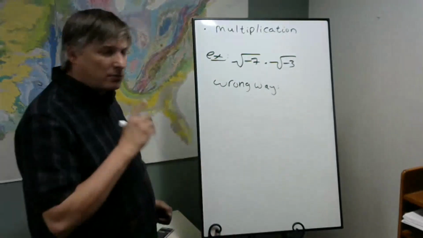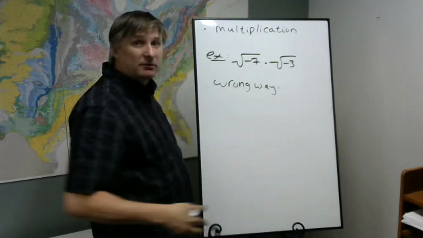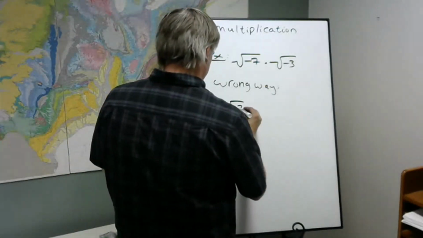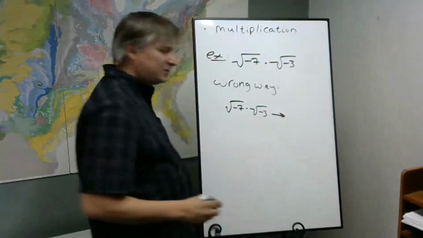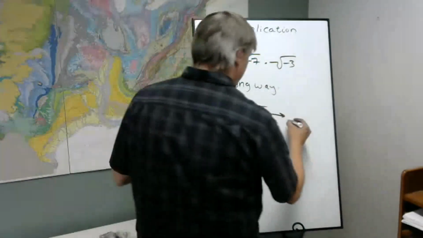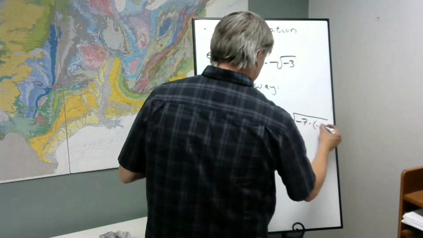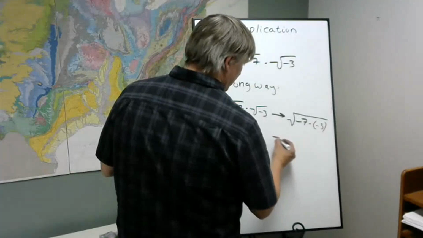So the wrong way to do this, it's very tempting, is to merge the roots together like we've done in the past. So I'm not going to use an equal sign. Let's say we just do this next step. And this part would be equal.